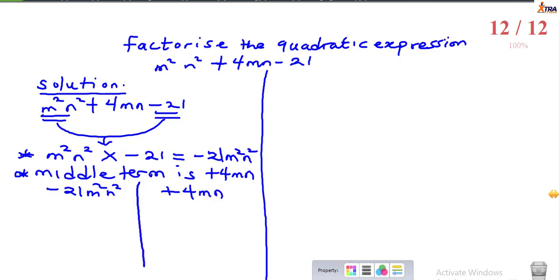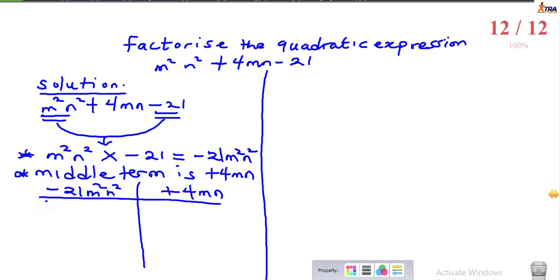So what do I do with this now? I will find terms, numbers in m and n that have the product of minus 21 and have the sum of plus 4. So I'm looking for factors of minus 21, and I'm looking for factors of 4 as well. So what I have here is minus 21. So I think about it.